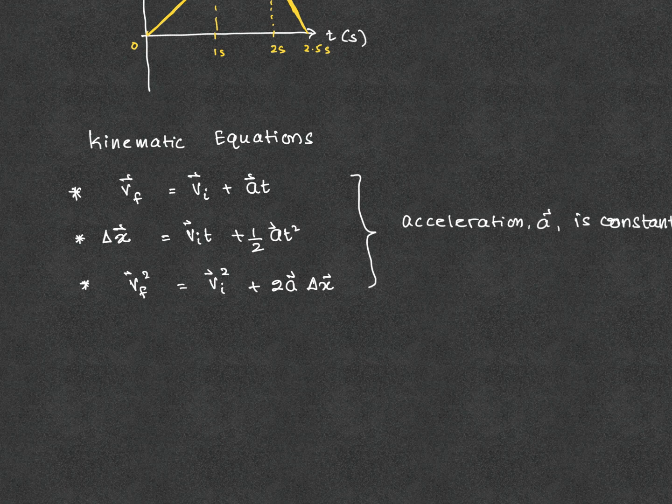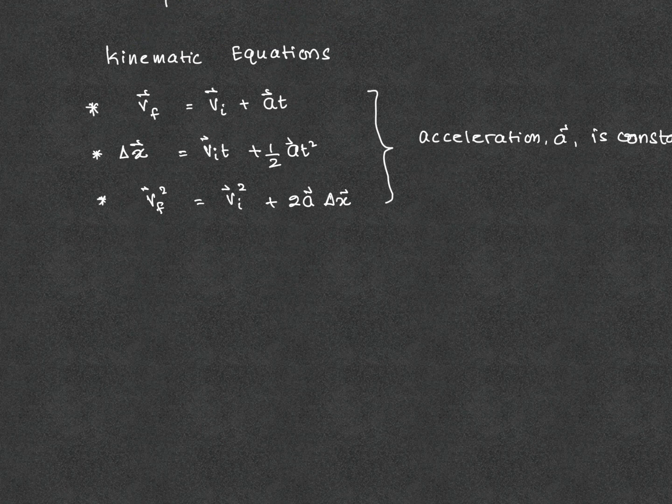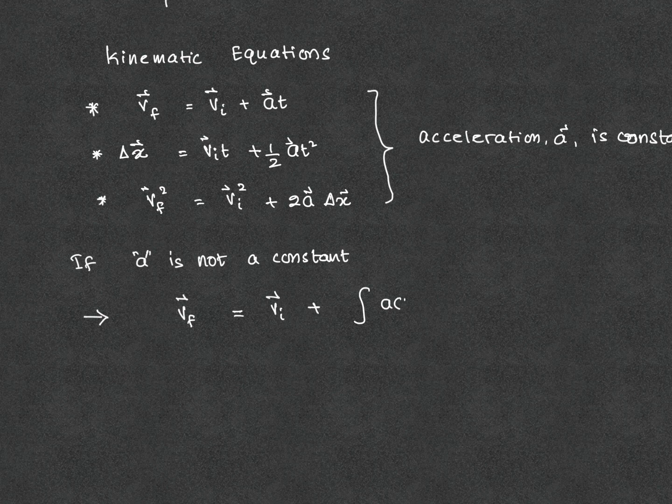If a is not constant, then I'm going to show you how the first equation changes. The first equation changes, and we will have to write an integration, from t equals whatever the initial time is to the final time.